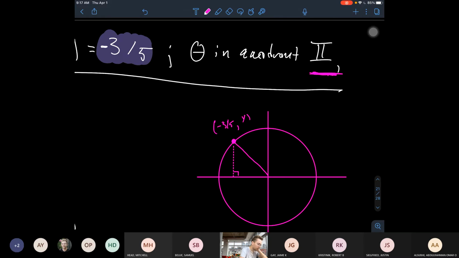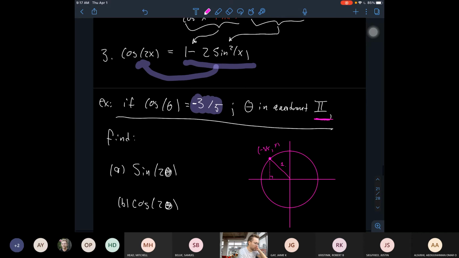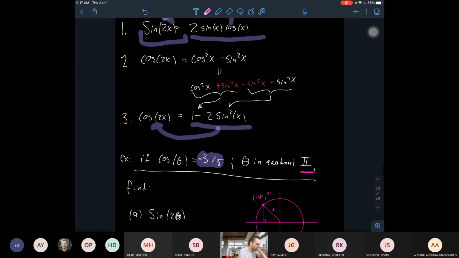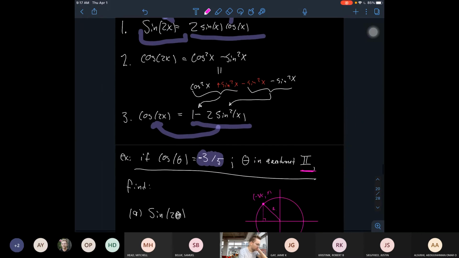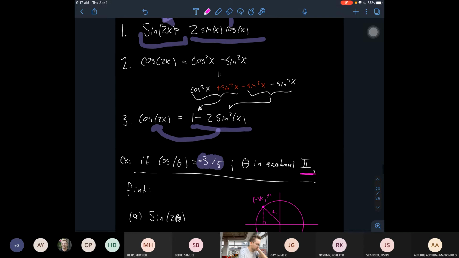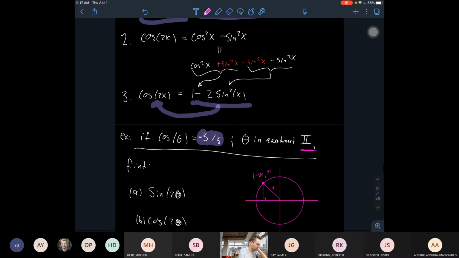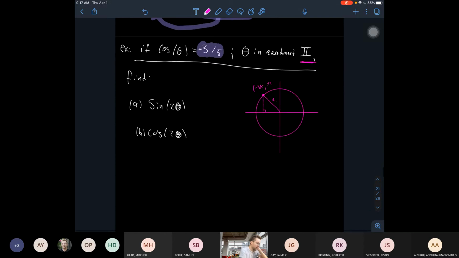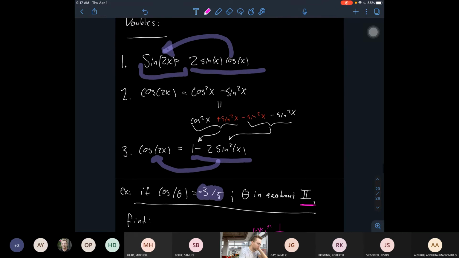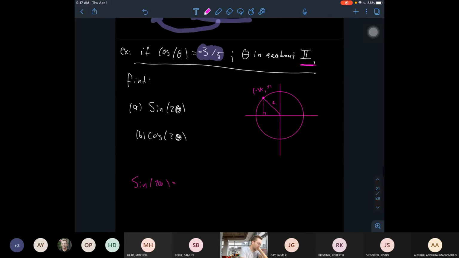I don't know what y is. I could use the Pythagorean theorem to figure it out. But let's see what we think is going to happen with these functions here. We know that sine of 2 theta, using our double angle formula, is going to be equal to 2 times sine of theta times cosine of theta.